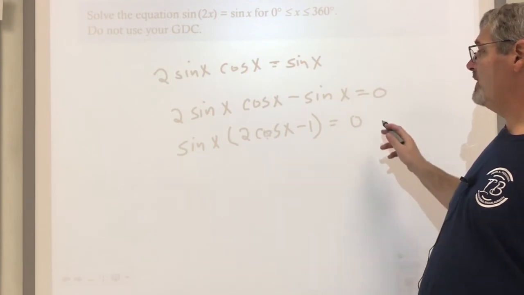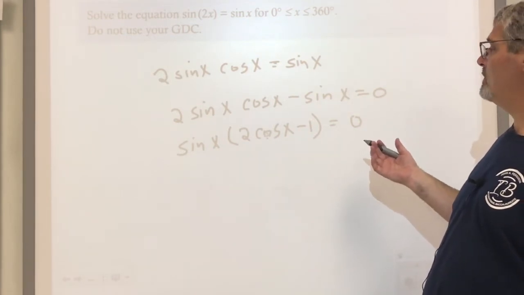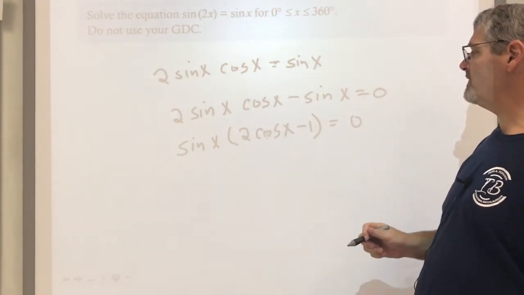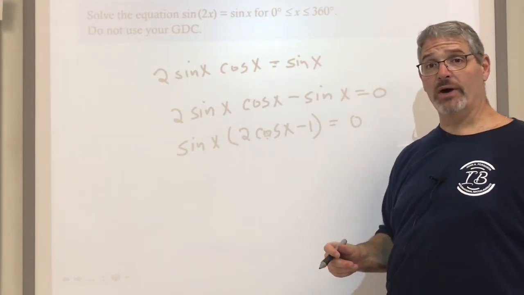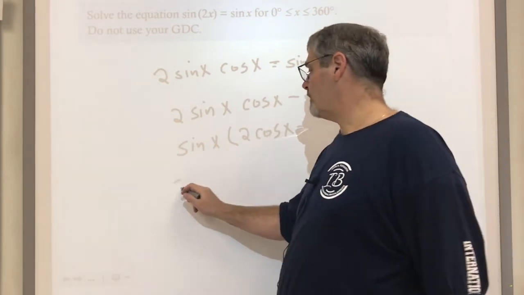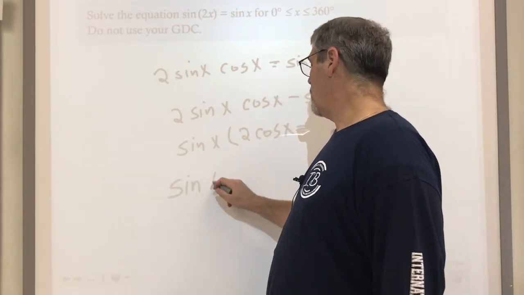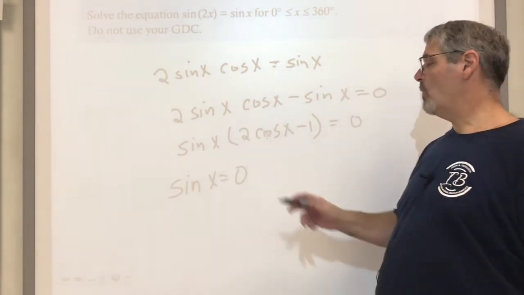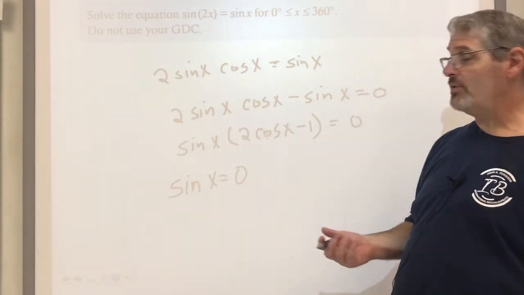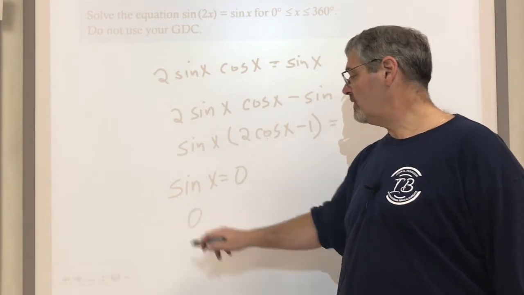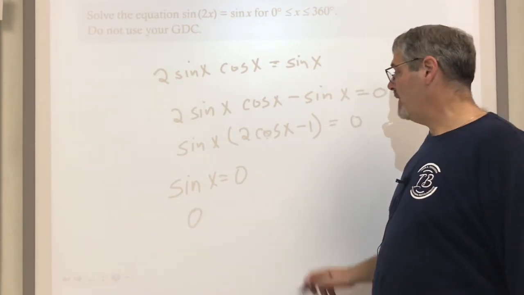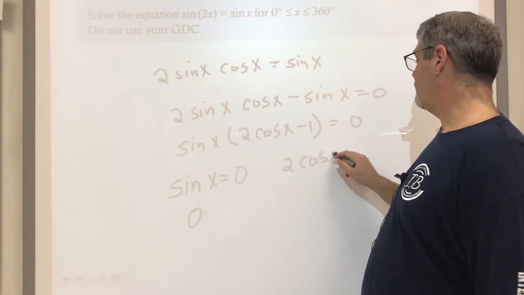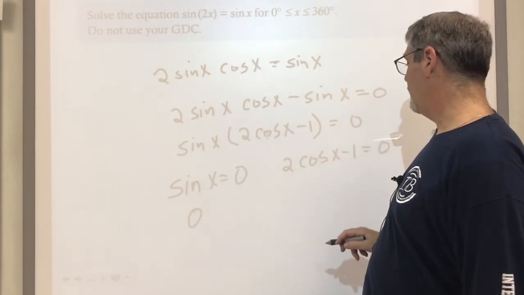All right, so now I have to figure out where, for these two factors, am I going to get an answer of 0? So first I say, okay, what angle, and it's in degrees, so we're going to answer in degrees, what angle gives me a sine of 0? Well, that's obviously 0. And what angle is going to give me 2 cosine of x minus 1 is equal to 0?